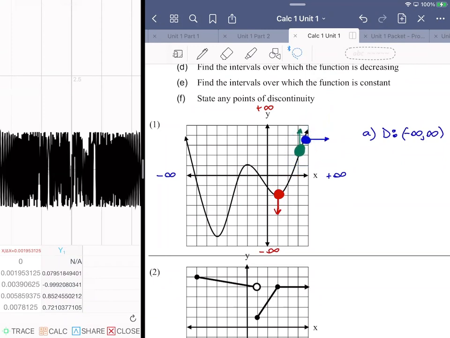In terms of the range, we're looking for the lowest and highest possible values of y. As you're tracing out this curve, you're starting on the left, you're tracing out the curve. Eventually, you'll get to the lowest point, then you'll get to what we call a relative maximum. It's higher than the points around it, but it's not the highest point overall.